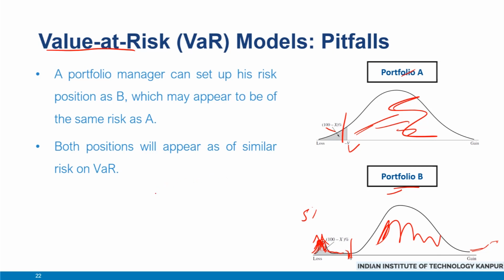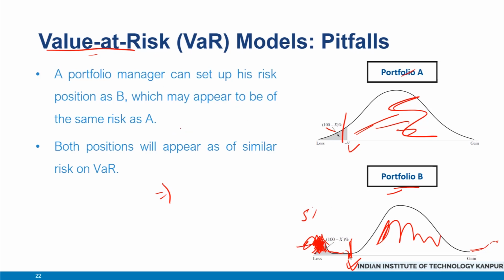But on the negative side, his performance is judged based on this VaR number, and not evaluated based on this loss that may happen if extreme scenarios were to take place, because this is hidden as per the VaR model. So if he is evaluated on the VaR model, he will be penalized only for this value V, not for this extreme risk that he has taken, because this risk appears in the extreme tail and is not captured by the VaR.